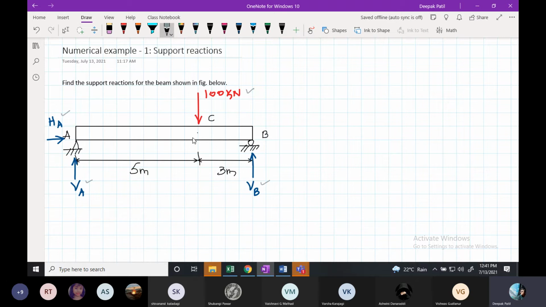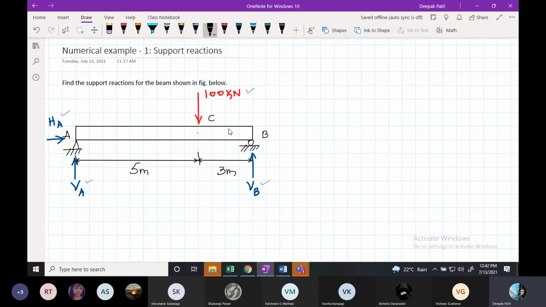So here we can apply the equations of equilibrium and use Varignon's theorem to find the values of HA, VA and VB. Finding the support reactions means you need to find the values of VA, HA and VB. That will complete this numerical example.